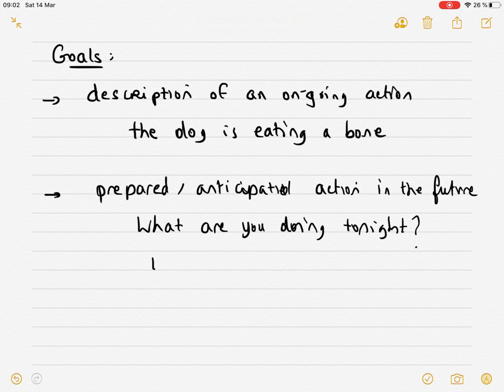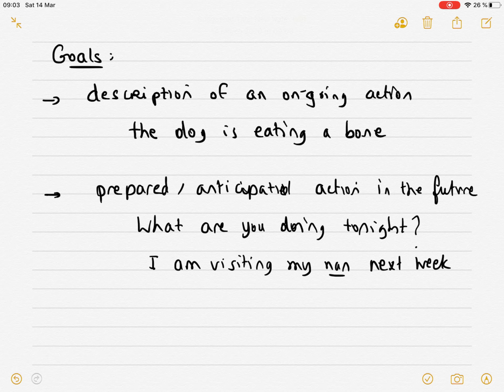Have you planned anything? Or you could say, I am visiting my nan. My nan is a term we use for grandmother in English. So I am visiting my nan next week, which is something you have anticipated, you have made preparations for this. So these are the two main reasons or goals of this particular verb tense. I use the word goals, it's not the best one, but these are the two functions for using this verb.